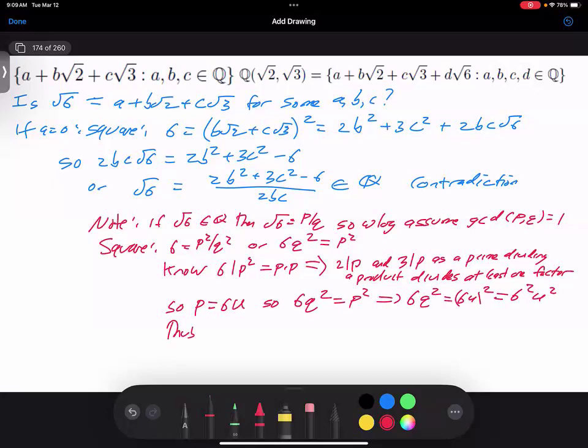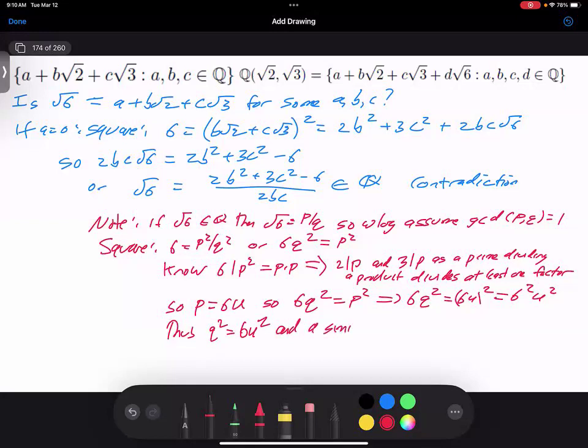What should we do to both sides? We've got 6Q squared on the left and 6 squared U squared on the right. What can we do to both sides? We can divide by 6. Thus, Q squared equals 6U squared.